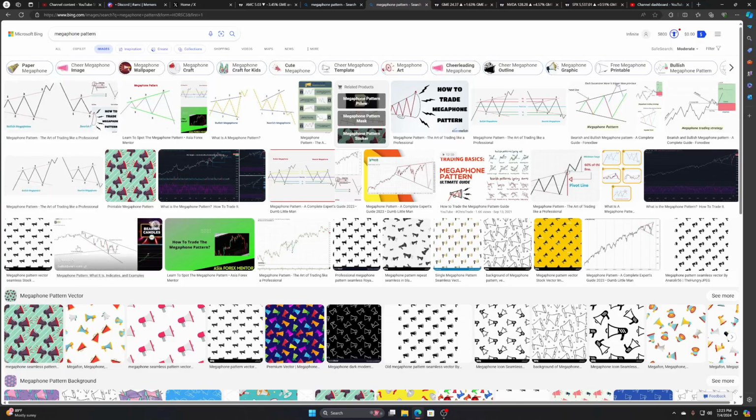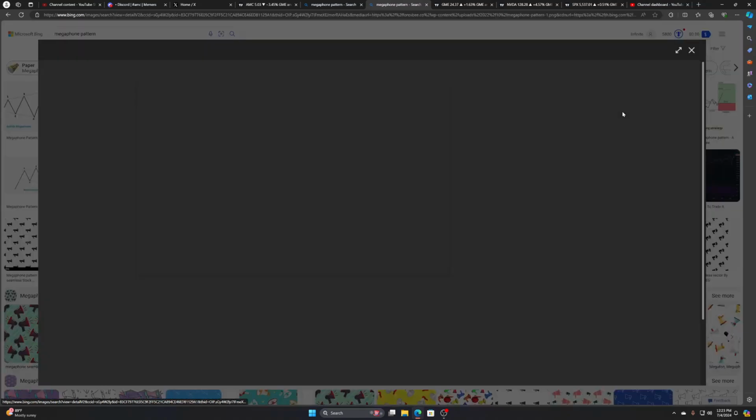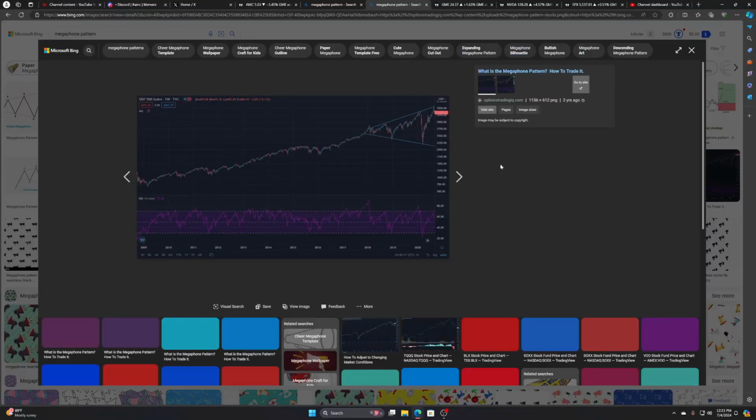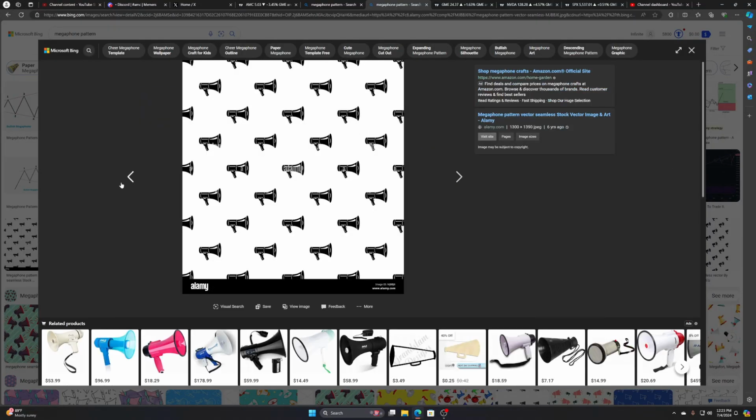It's literally just this, right? You have two trends, and the price expands. It literally looks like a megaphone. Here's a perfect example of what a megaphone is.